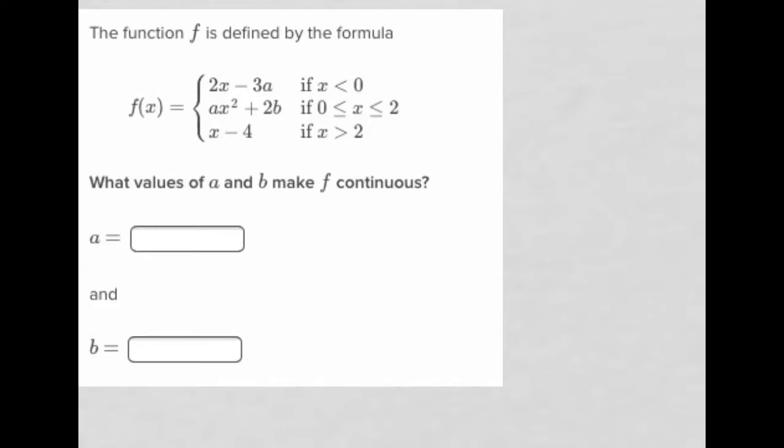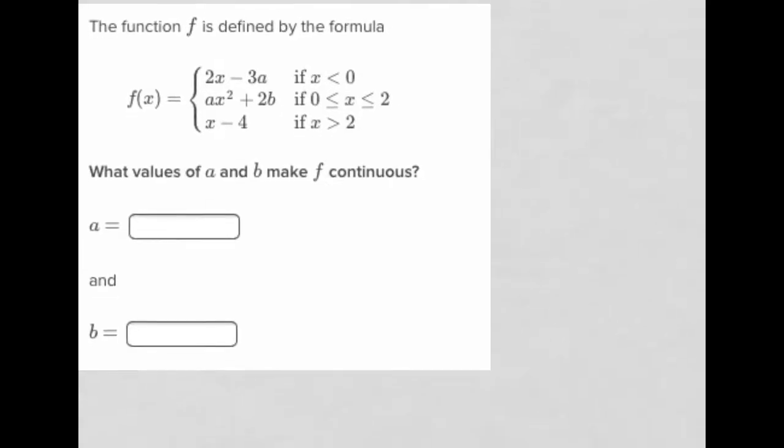Okay. The function f is defined by the formula. What values of a and b make the function continuous? Oh my goodness. For this one, we have to take the limits as x is approaching 0 and as x is approaching 2. And then to make it continuous, all of those limits have to agree.